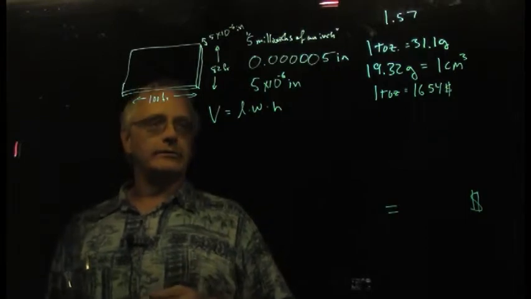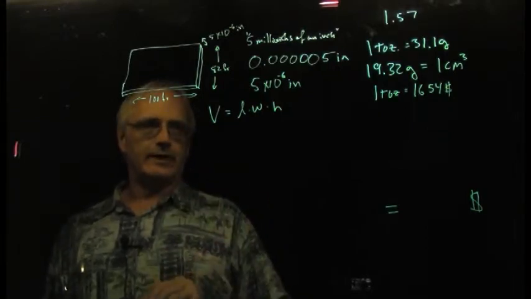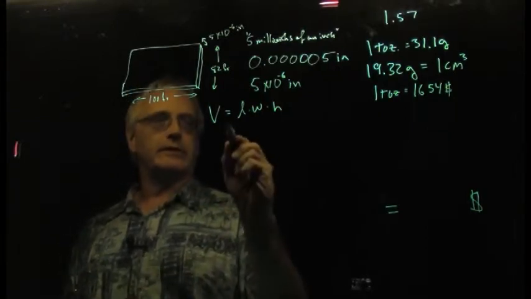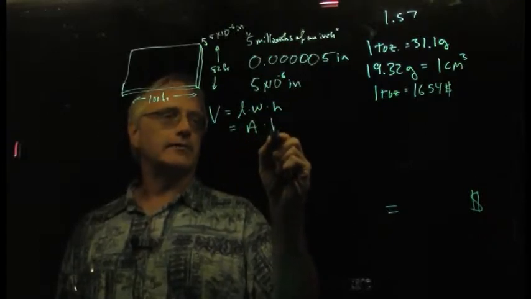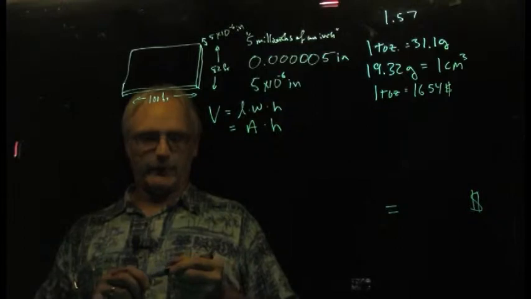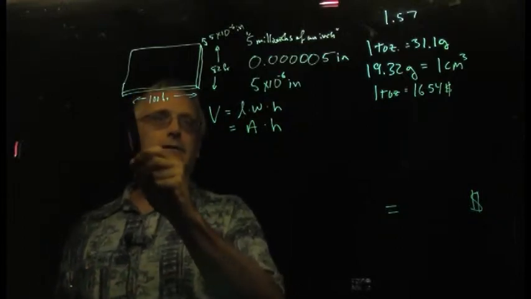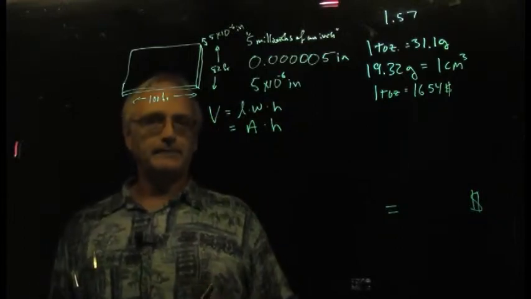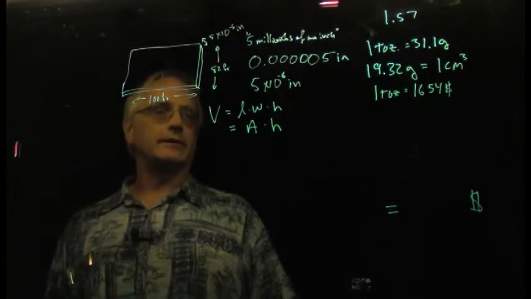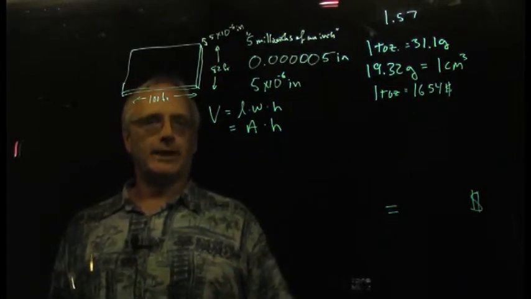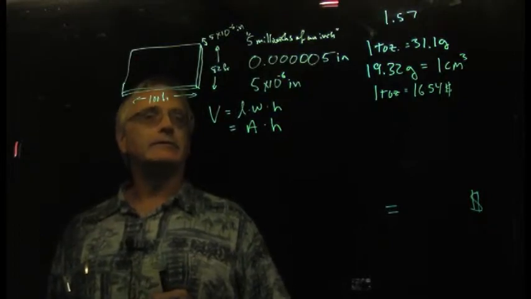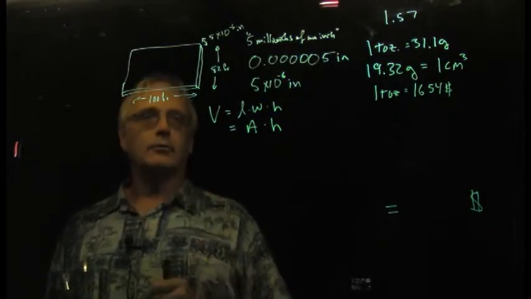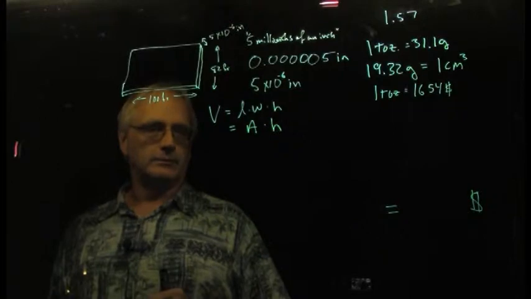Once again, it makes use of all this volume type stuff. The other interpretation, as we've seen many times, of volume is area times height. And in fact, that's the one I'm going to make use of. Because clearly I have the information for the area, how much of a rectangle this stuff makes, and then I'm going to multiply it by height. I will have to make some modifications in there, but we'll get to those in just a moment.